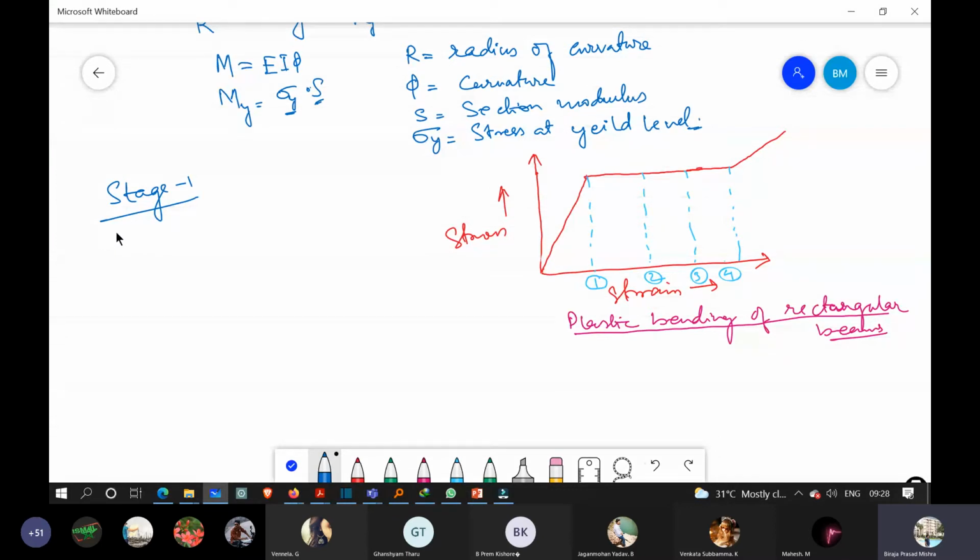At stage 1, the strain at extreme fibers are yield strains.